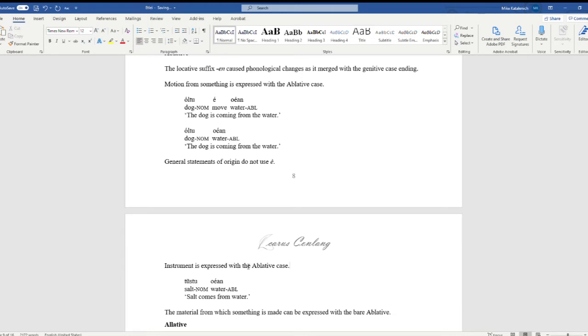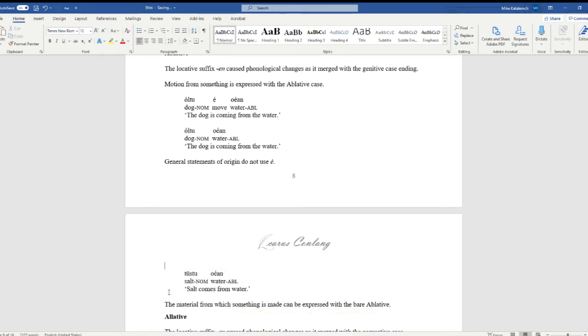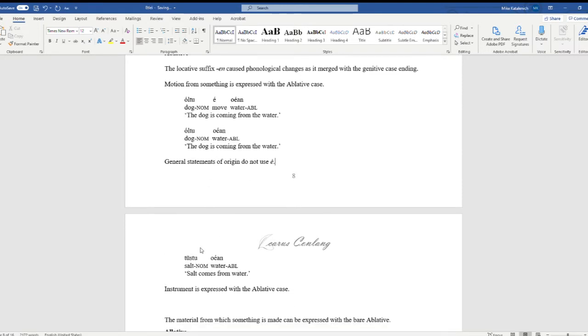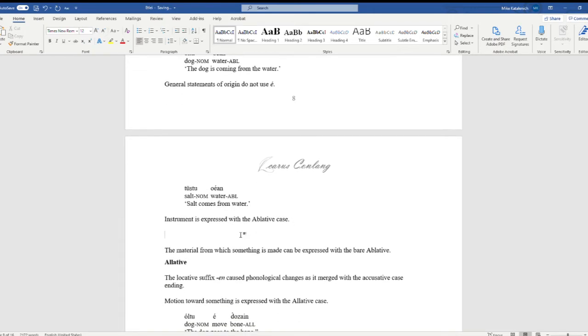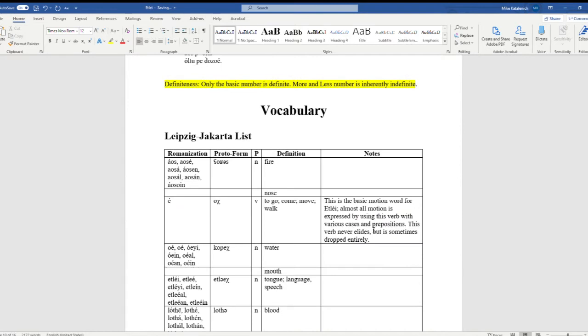Yeah, I think instrument is expressed with the ablative case, and I'll just do that. So, put my examples in the wrong order. Okay, now I can do it. Instrument expressed with the ablative case. So, let's see.